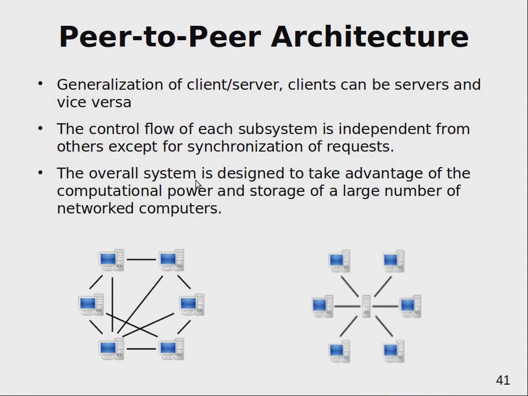But this generalization adds much more complexity, because you do not have one single point of truth, which was on the server side, and you have problems dealing with consistent data, with history of data, etc.